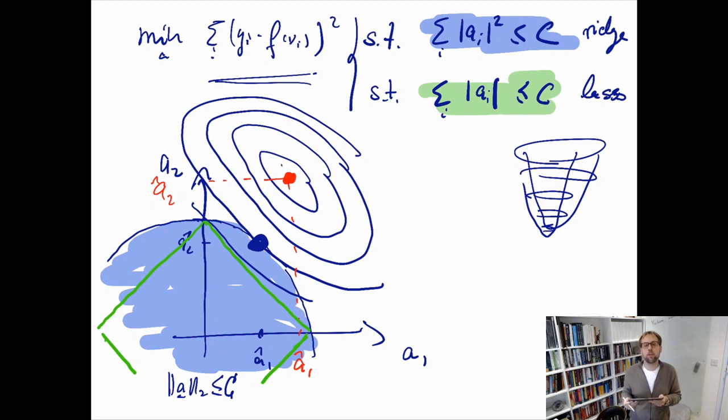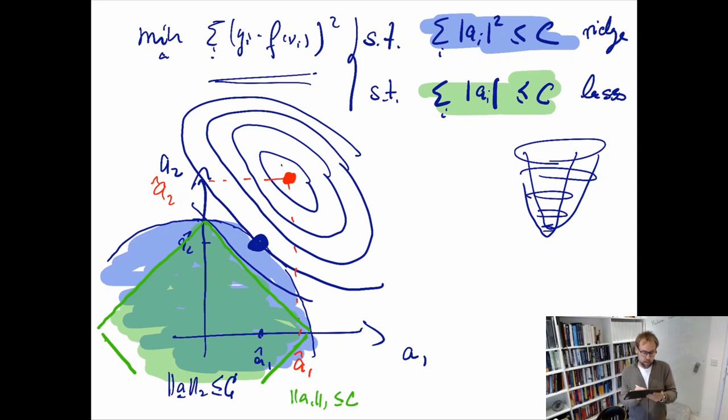This is what it looks like if the absolute value is less than some C. So the region within the constraint will just be this green diamond here. The green diamond will be the region where the L1 norm is less than or equal to some C. Now, what would be the best minimum point on this loss function which is still within the constrained region?